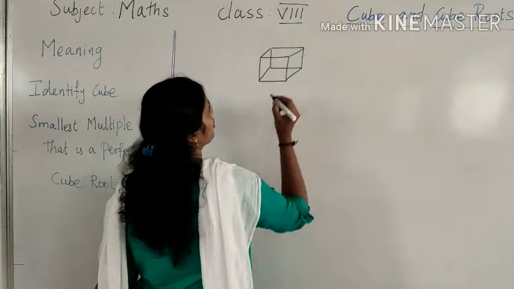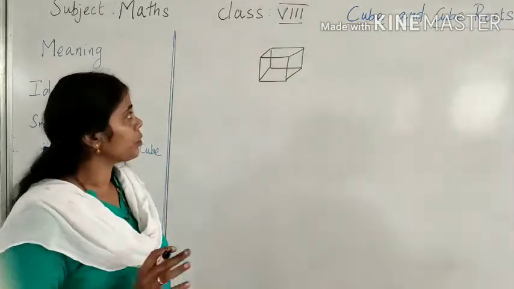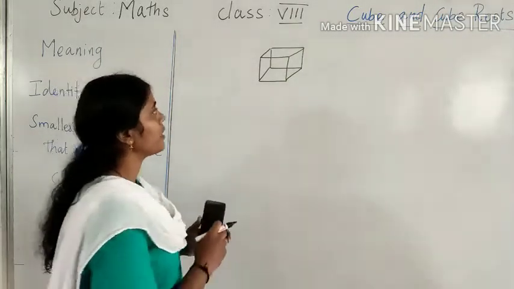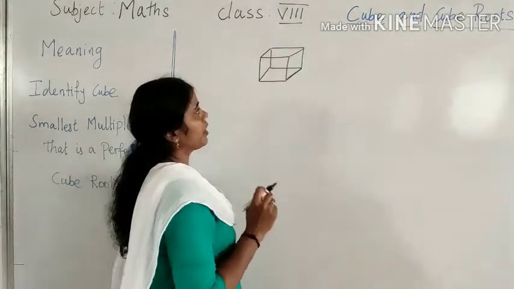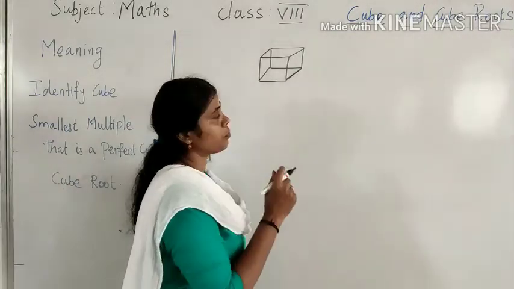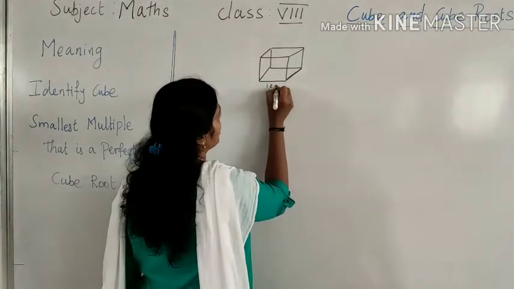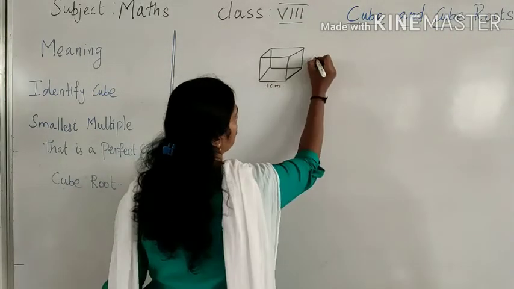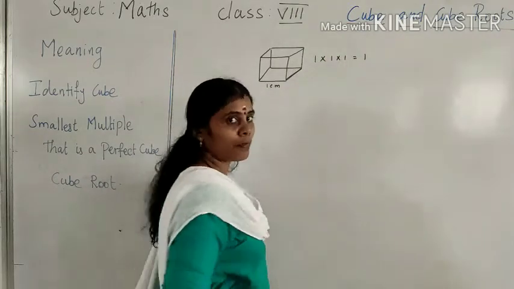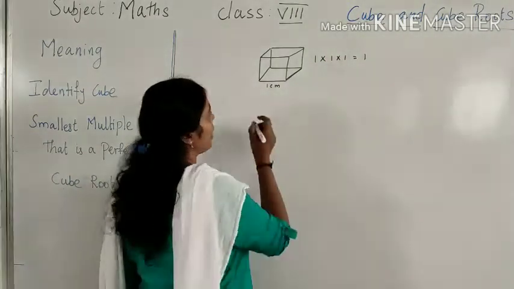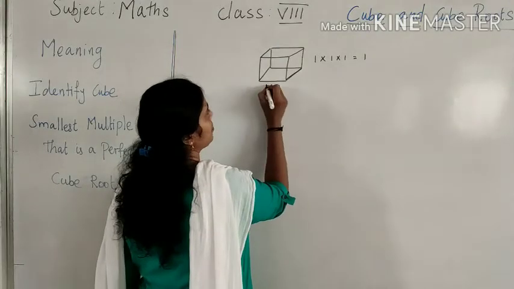You might know this cube. In a cube, all the sides are the same. So when you are finding the volume of a cube, if the side is 1 centimeter, the volume becomes 1 multiplied by 1 multiplied by 1, that is 1 only. Suppose the cube has a side of 2 centimeters.